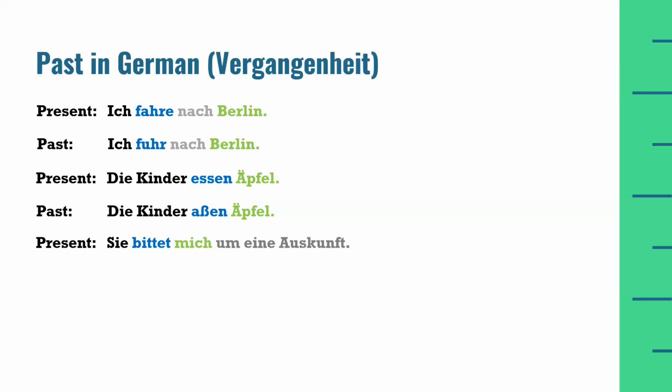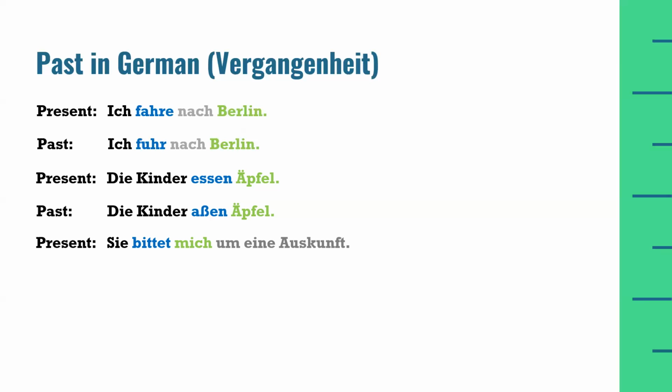Let's have a look at another example. Sie bittet mich um eine Auskunft. She requests information from me. Auskunft means information, and bitten is a German verb which means request. And whenever we use this verb bitten, then we have to use a preposition for something that we are requesting, and we have requested here for information.